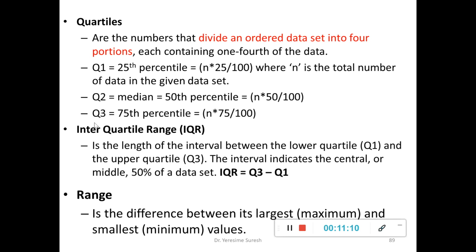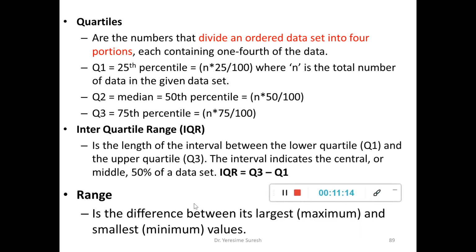And now, what exactly is the range? It is the difference between the largest, the maximum value, and the smallest, the minimum value. Say, for example, the marks of a student vary from 0 to 100, and in 6 semesters the student has got marks varying from 40 to 90. So the largest value is 90, the minimum value is 40, 90 minus 40 is 50, and that is the range.